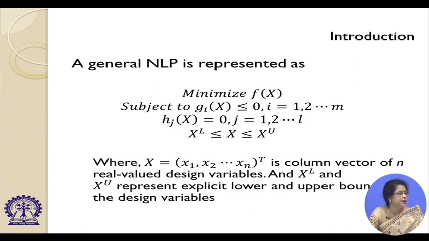The function f is the objective function, and there are m inequality constraints with functions g_i(x), and there is a set of equality constraints as well, h_j(x), where j is running from 1 to L. That means there are m inequality constraints and L equality constraints.